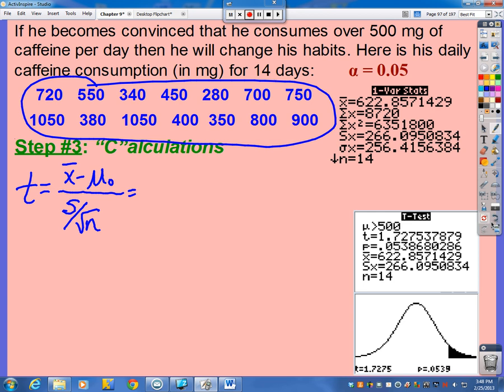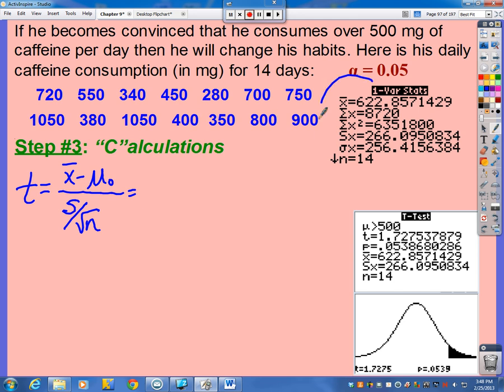Well, I've already kind of done that. If you already put these numbers into list 1, then you could go to stat, over to calc, and then one variable statistics. And then you should get this screen right here. And here's our x bar value, which is 622, and I'm going to go 4 sig figs, so 0.9. And I'm going to subtract away my hypothesized mean value, which was our 500.